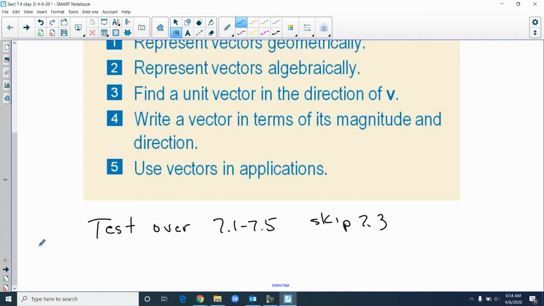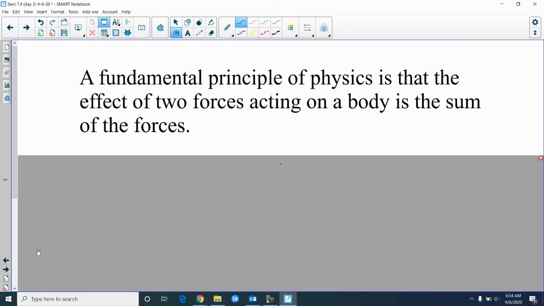All right, so vectors and applications. There was that homework key. All right, you physics kids, I'm not sure whether you've hit it now or if you hit it later, but if you hit it earlier, great. And if you're going to hit it later, at least you've had a touch of it. A fundamental principle of physics is that the effect of two forces acting on a body is the sum of the forces.